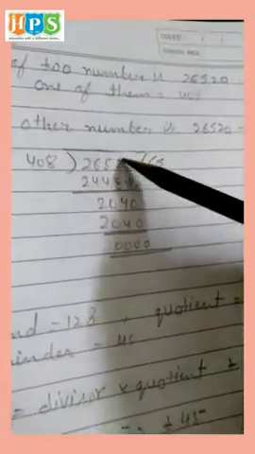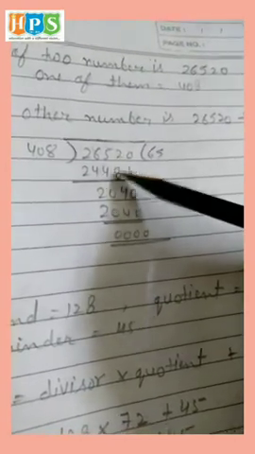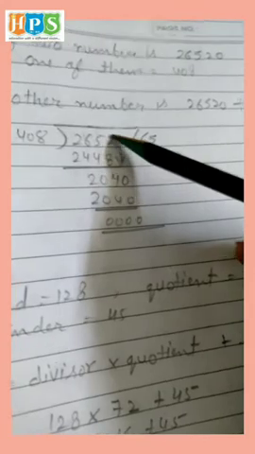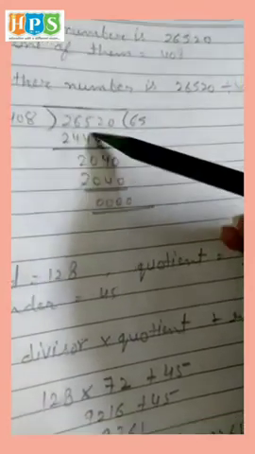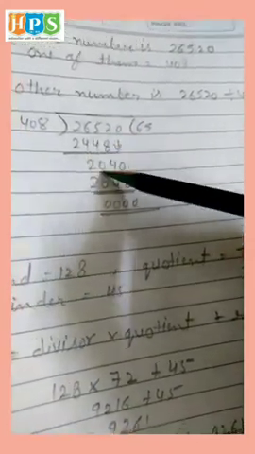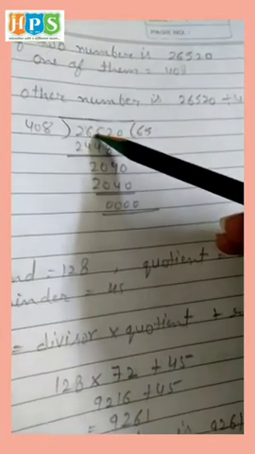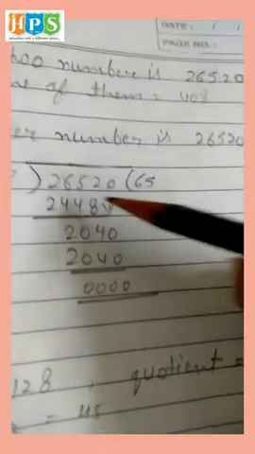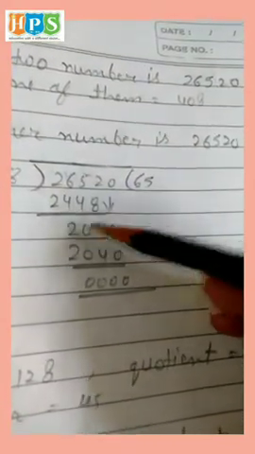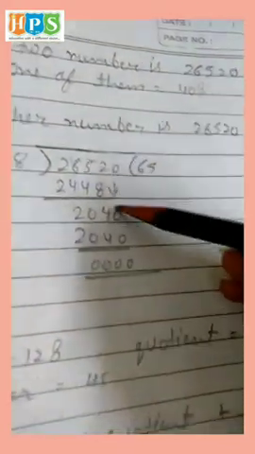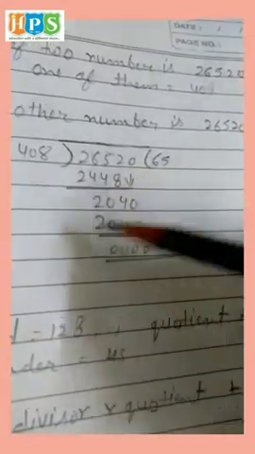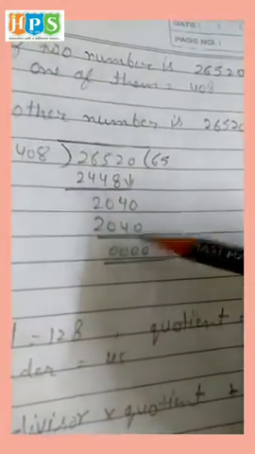We can't subtract 2 minus 8, so borrow one ten to the ones to make 12. 12 minus 8 is 4, and what's left? 4. 4 minus 4 is 0, and what's left? 6 minus 2. 6 minus 4 is 2, and we write the next digit. 408 fives are 2040.